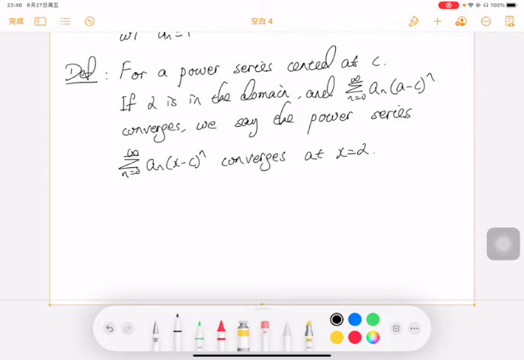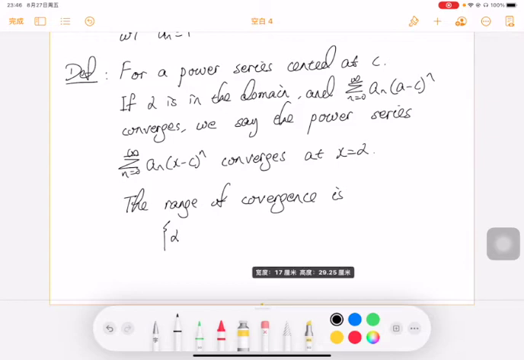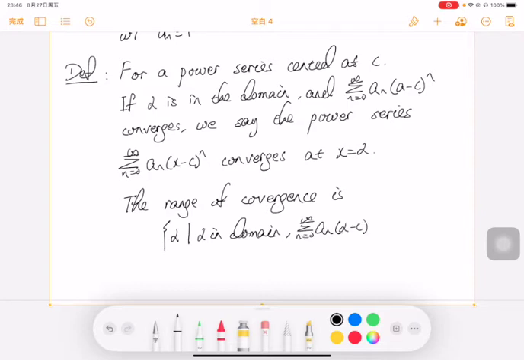So the range of convergence is all the points alpha in the domain such that the sum of a_n (alpha minus c) to the n converges.